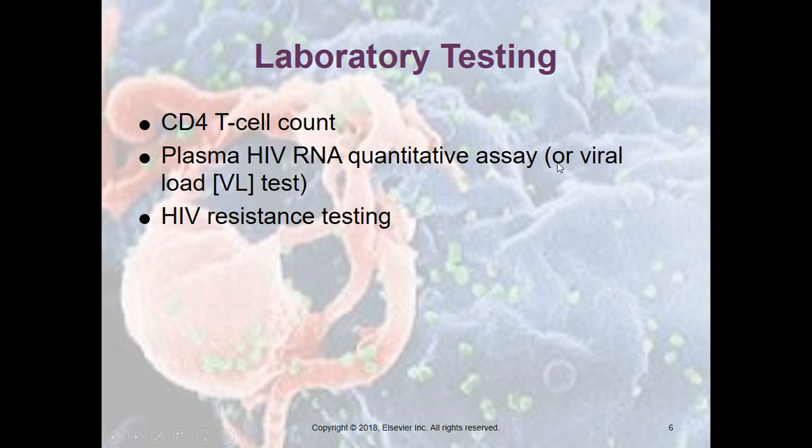Laboratory testing involves conducting a CD4 T cell count, also your plasma HIV RNA quantitative assay or viral load test, and also HIV resistance testing. The normal CD4 cell count ranges from 500 to 1200 cells per milliliter of blood.